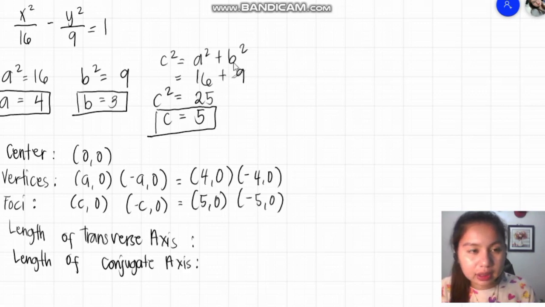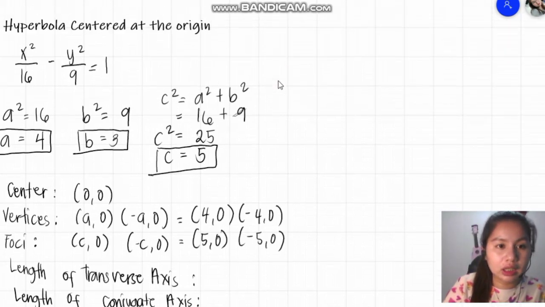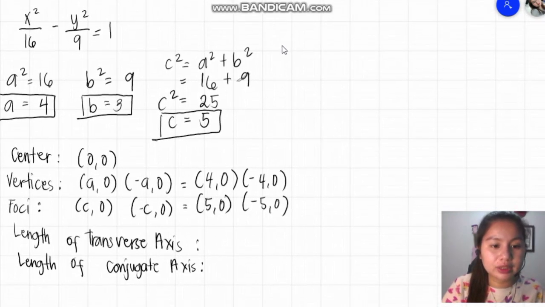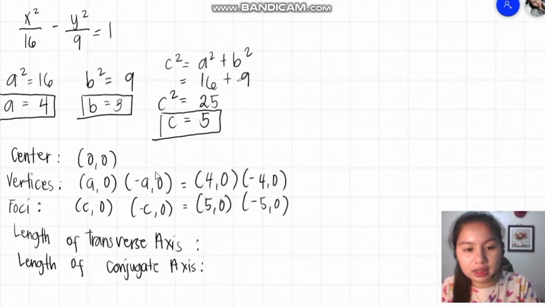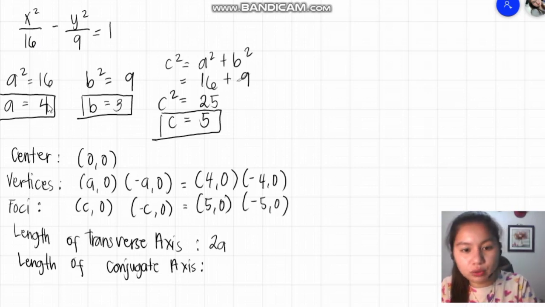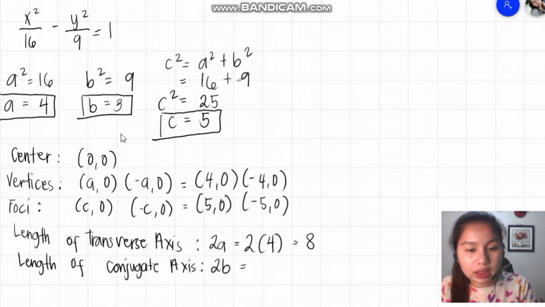So again, since this is a horizontal hyperbola, so ang transverse axis natin is 2a, which is ang a natin laging nasa unahan. Ayan. So 2a, ang a natin ay 4, so magiging 2 times 4 equals 8. So, si conjugate naman ay 2b. Ang b natin ay 3. So, 2 times 3 equals 6.